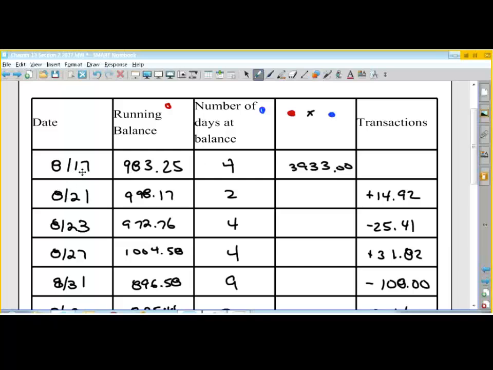Then we have a balance of 998.17. And what I'm looking at here to get the 4 is there's 4 days between the 17th and the 21st. There's 2 days between here, that's where the 2 comes from. There's 4 days here. So these numbers are just the difference in the number of days between the balances. So I just do that. Just multiply those two columns together.